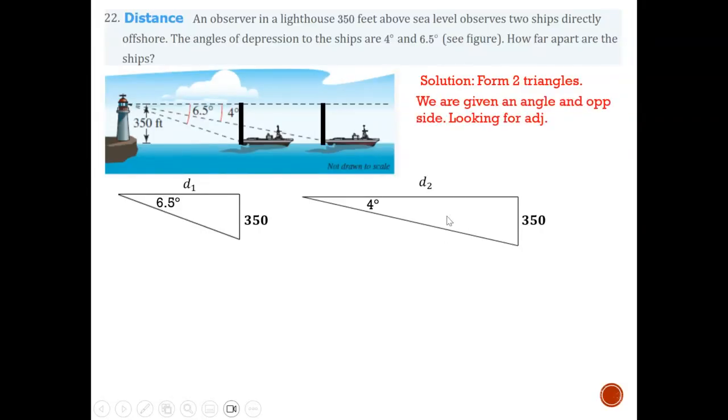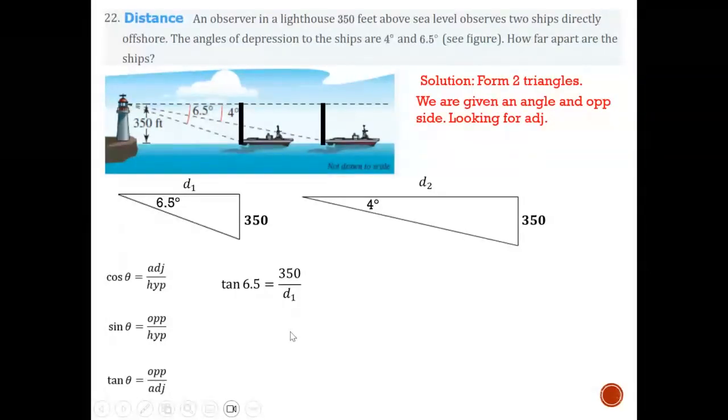Again, we are looking for the adjacent side. The angle is given, and the opposite is also given. So we have to use the tangent, because tangent is opposite over adjacent. So the tangent of 6.5 equals 350 over D1.